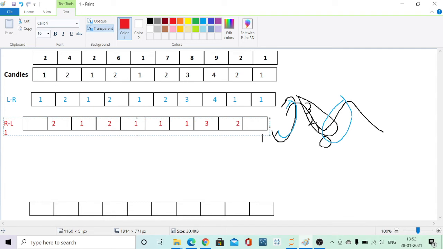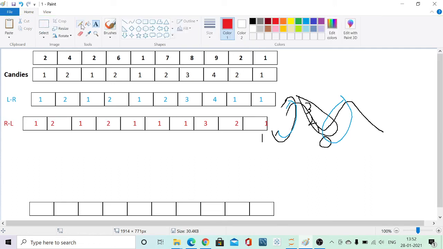Now coming to this first person, he has lower rating, but we know that he will get at least 1 candy. So in this way, what we are doing is that from moving left to right, we cover these increasing slopes, and while moving from right to left, we covered these slopes.